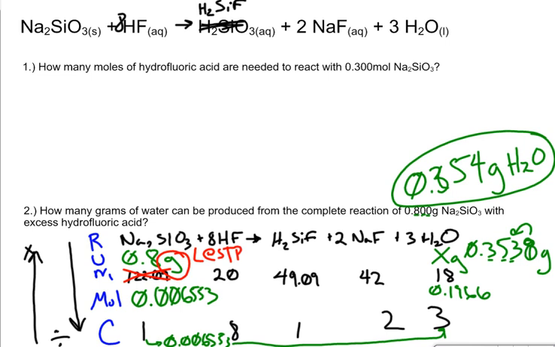If it's liters at STP, rather than put the molar mass here, use that 22.4. Say that it was atoms that you were solving for. Rather than put 18 here, put 6.02 times 10 to the 23rd. That's Avogadro's number, because that's the number in between.